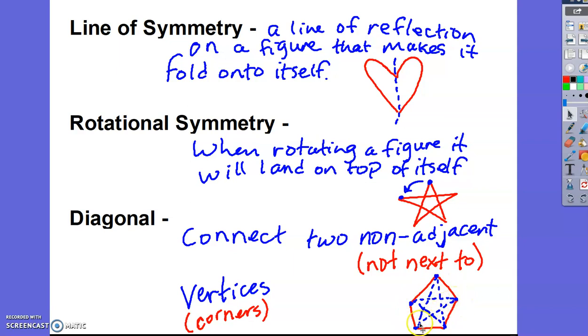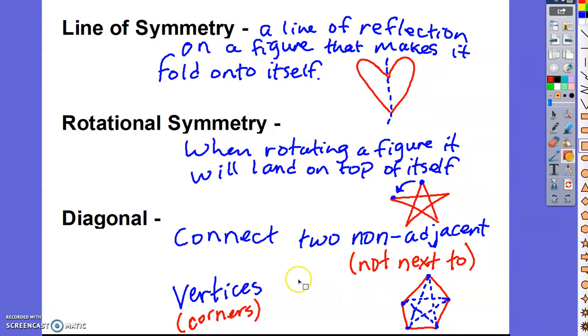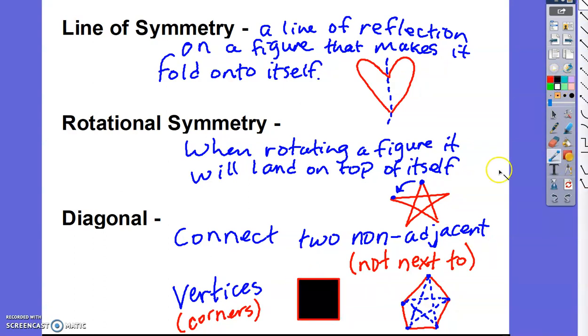So essentially they connect, these two vertices are next to each other, so we're going to connect this line and this line because now there's that dot in between, so they're not next to each other anymore. So we could even look at, say, a four-sided shape of some kind. Okay, diagonals might just go across from corner to corner, just like that. So those would be diagonals in a quadrilateral.